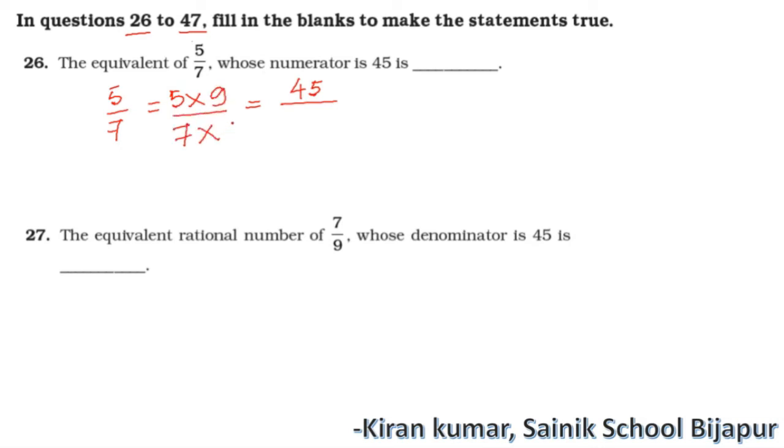So 9 has to be multiplied to 7, we get 63. So the equivalent number is 45 upon 63.